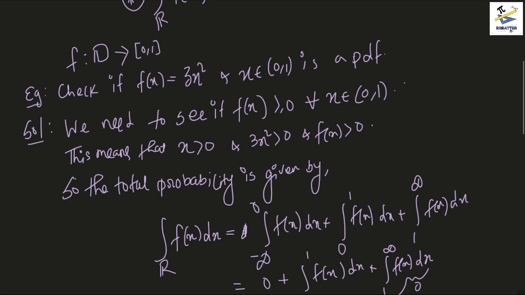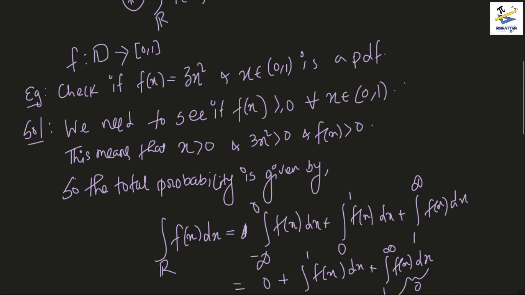So we learnt in integration that we can divide minus infinity to plus infinity, which is basically the whole real line, into subregions. So what we can do is we can write minus infinity to 0 f of x dx, plus 0 to 1 f of x dx, plus 1 to infinity f of x dx.